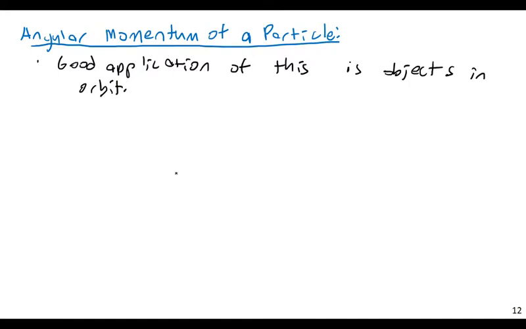So if you have an object, it may be orbiting in an elliptical orbit. So you have the greater mass here, and you have a certain plane here.